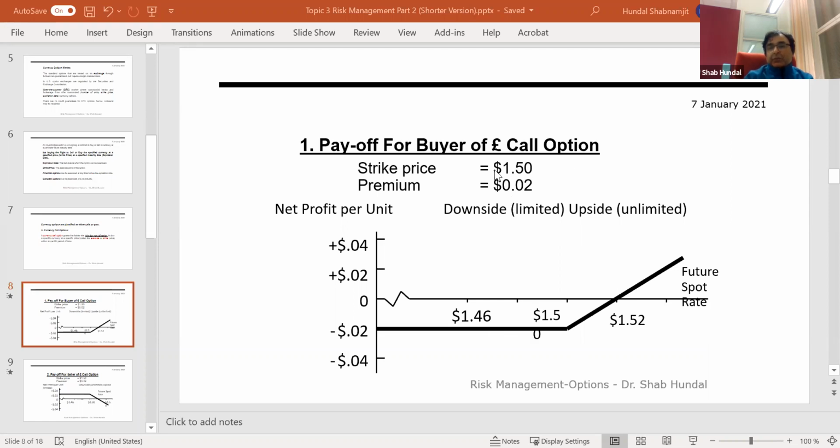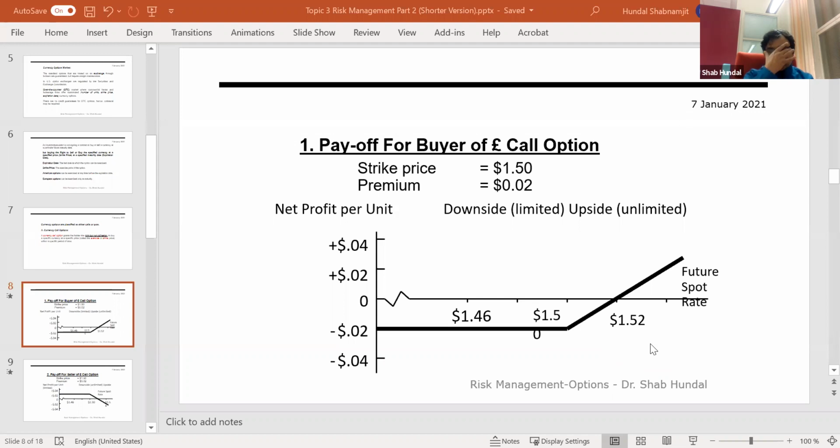The strike price is 1.50 and the market price is 1.52. Sorry, 1.51. I can't write it here, but let's say that here somewhere is 1.51. Will you exercise the option or not? The strike price is 1.50 and the market price is 1.51. Will you exercise the option or not?